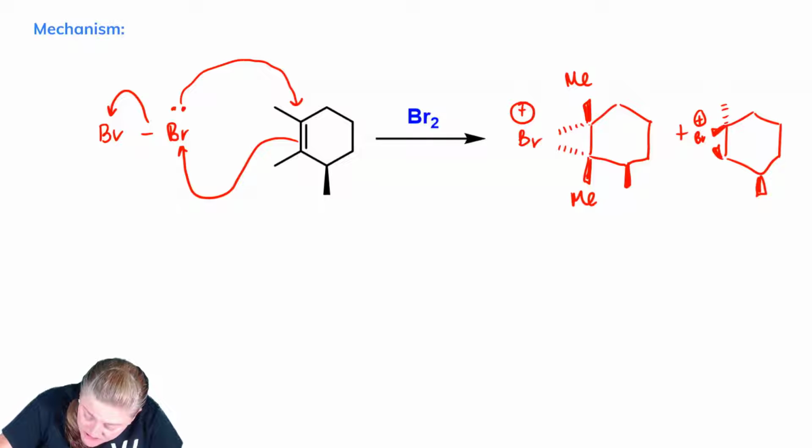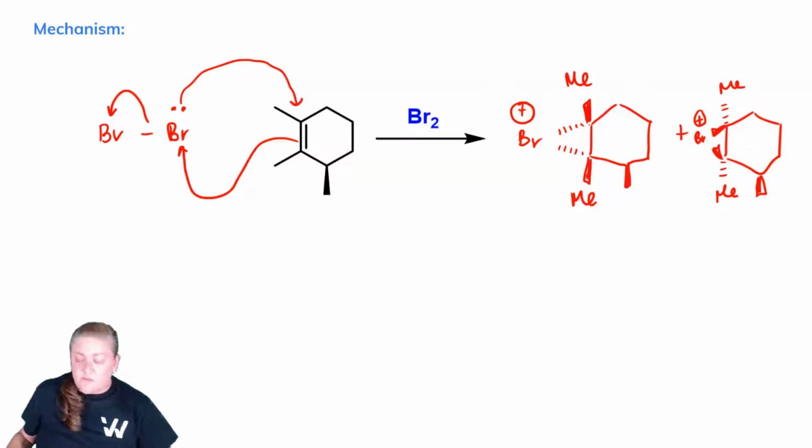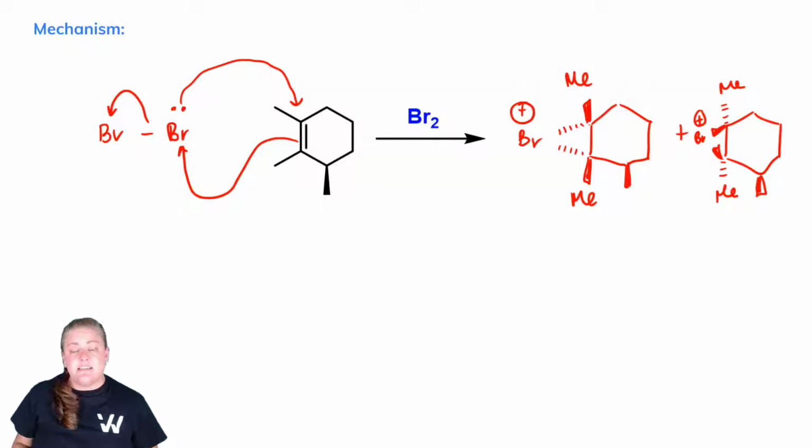Same deal with the charges, methyl groups pointed down. Now, the reason why the bromine atom is added to the same face, why we have both wedges or both dashes, is because of the constraints of the ring. The ring is only 3 members, which means it's really constrained, which means that the bromine has to add all to the top or all to the bottom.